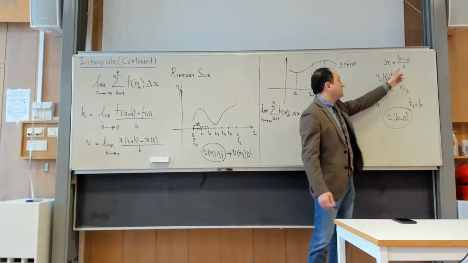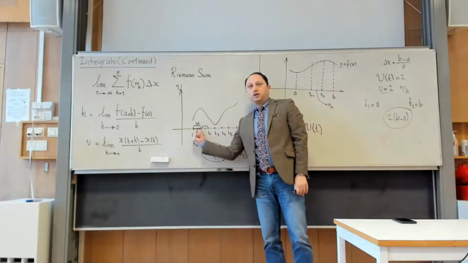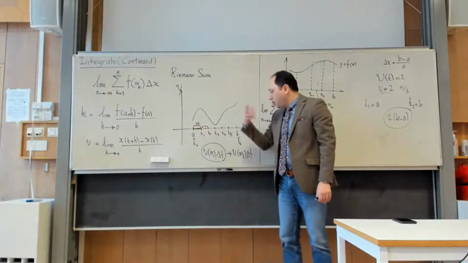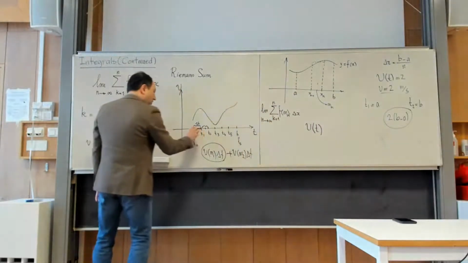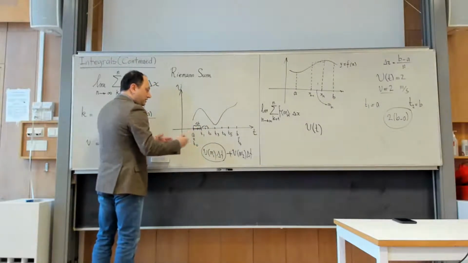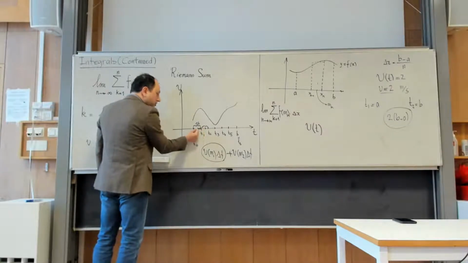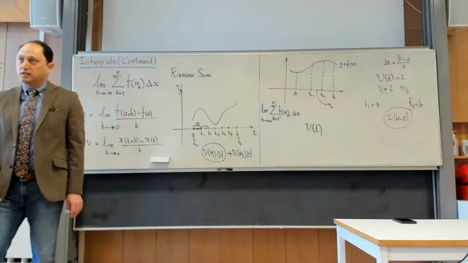If I send the number of subintervals to infinity, the length of each one of these time intervals will go to 0, okay? And then hopefully you agree that the speed of the particle at this time is actually a very good representative of the speed of the particle on the whole interval, because the particle doesn't have enough time to change its speed. Yes, is that understandable?